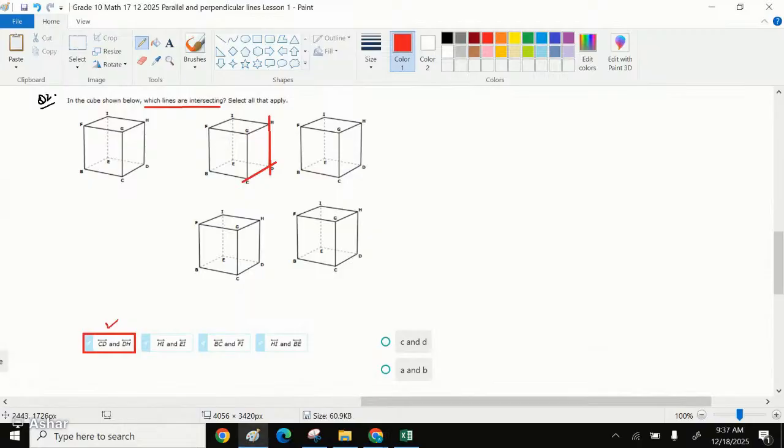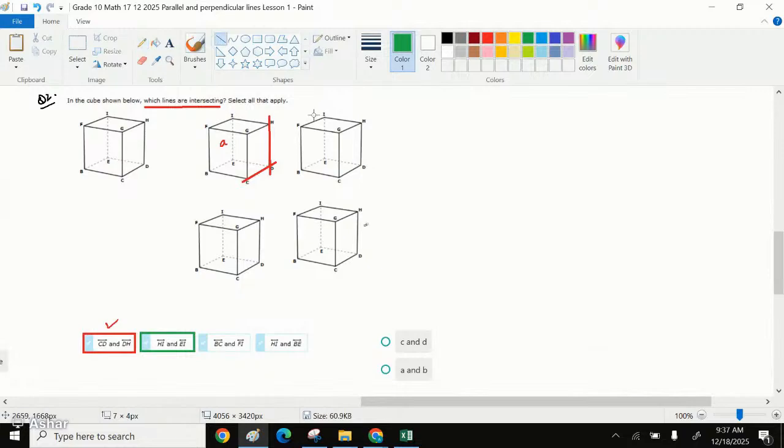This is option A. For option B, let's suppose HI and EI. If they have a common point, that means they are intersecting at point I. Let's verify.